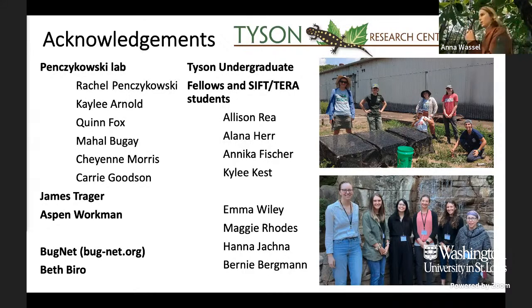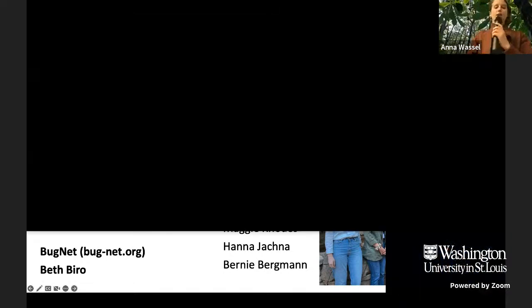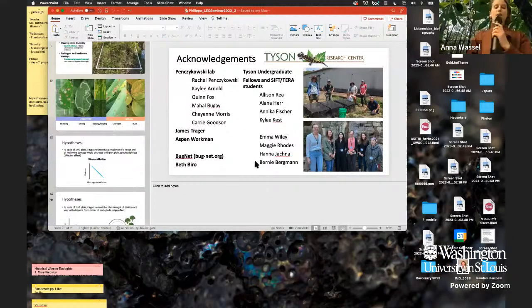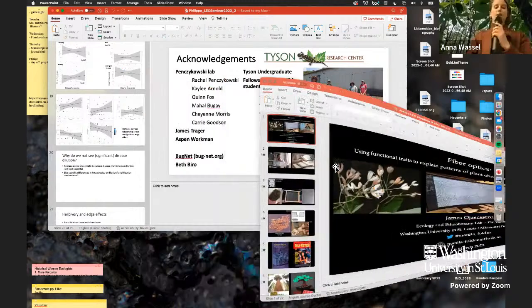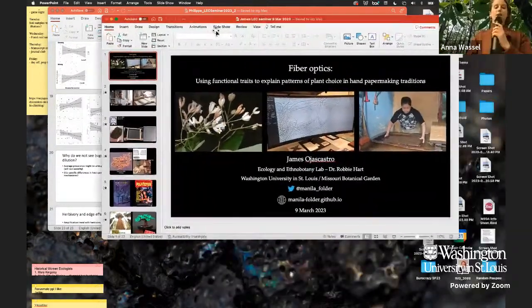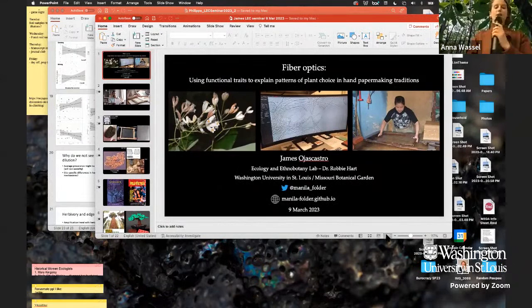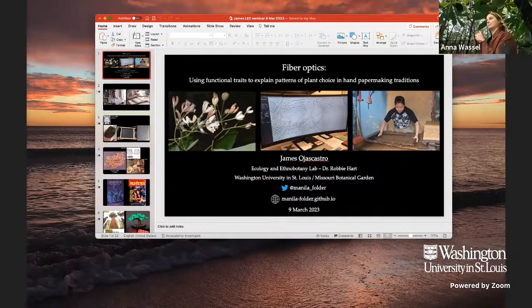I'm going to try to introduce our next speaker and switch the files at the same time. So up next, we have James Ojascastro, who went to undergrad at Colby College. Did I get that right? Sweet. And is in the lab of Robbie Hart and will be talking to us today about paper.